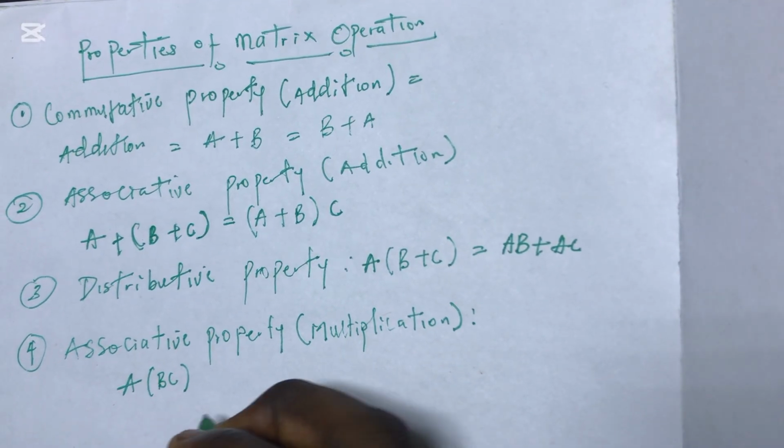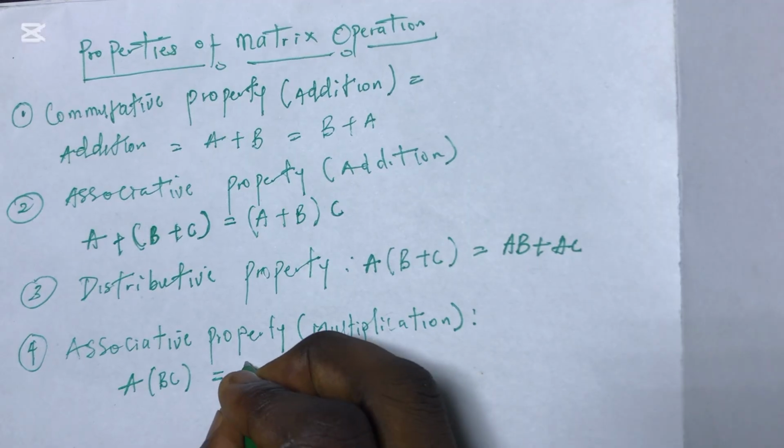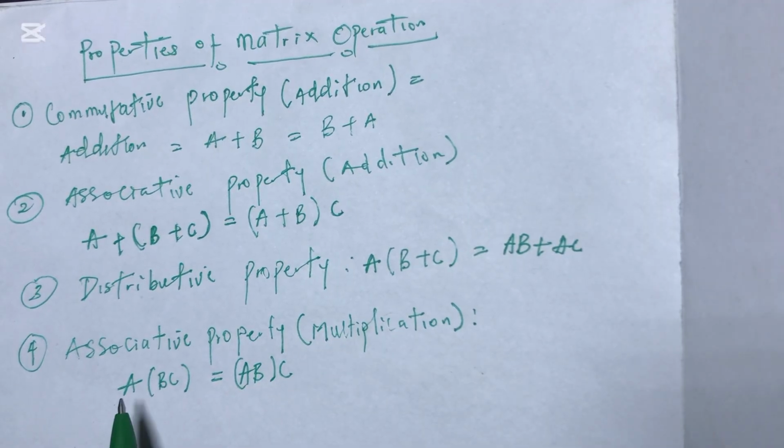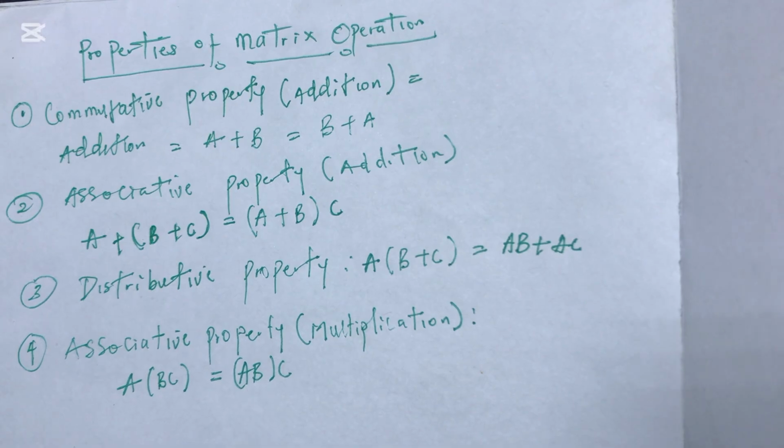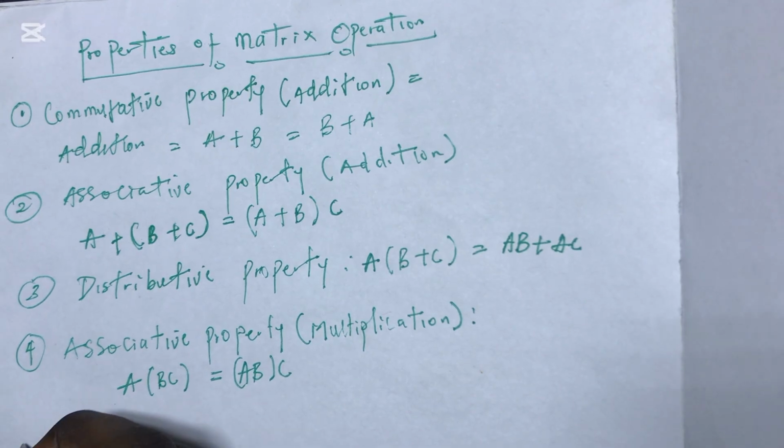A into BC is the same thing as AB into C. If you multiply A times this, that's ABC, which is the same thing as factorizing C out of the whole of this. It's still the same thing.